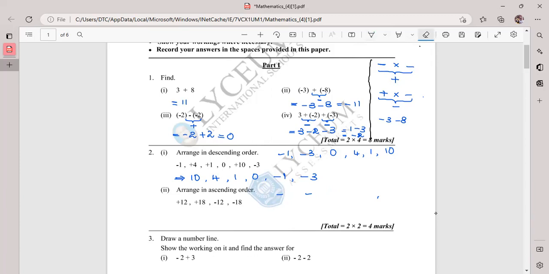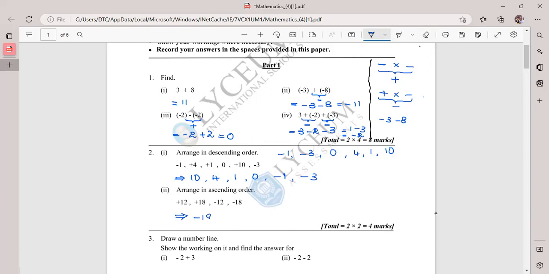Then we will move to the next question. Again you do the same thing, but here you don't need to segregate. They have done it for you. They have written the positive values first and the negative values then. For the ascending order, you want to start from the smallest one. The smallest ones are the negative ones. Out of these two negative values, negative 12 and negative 18, which is the smallest, children?